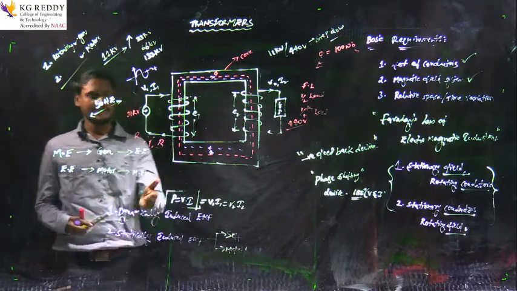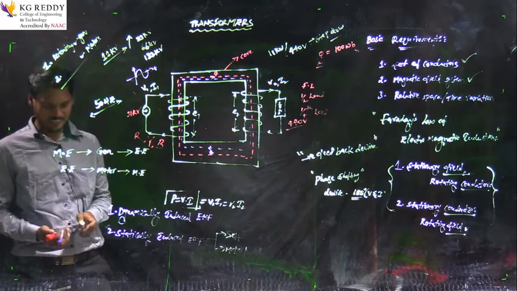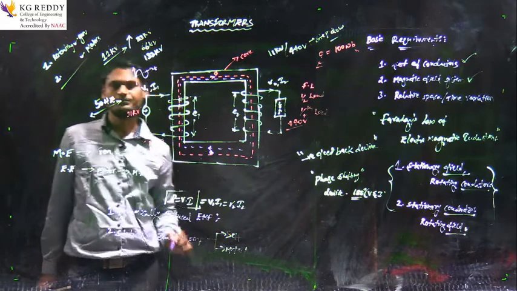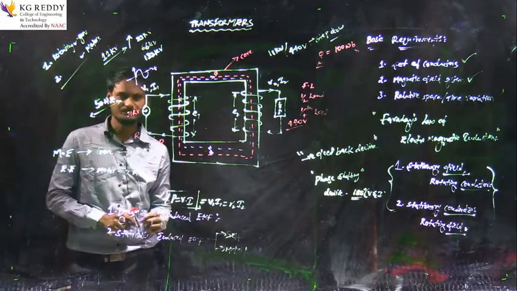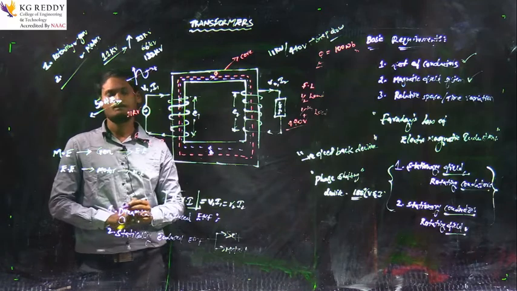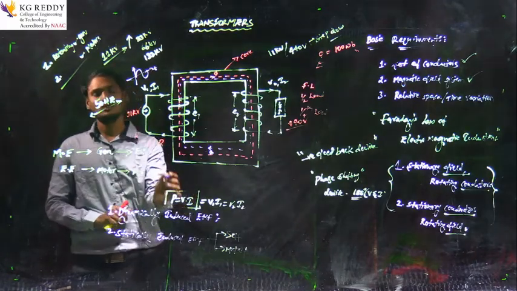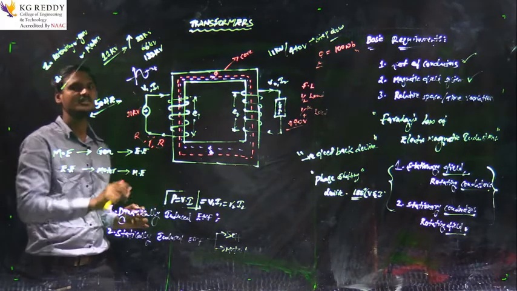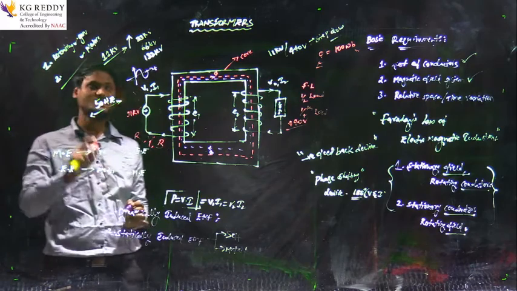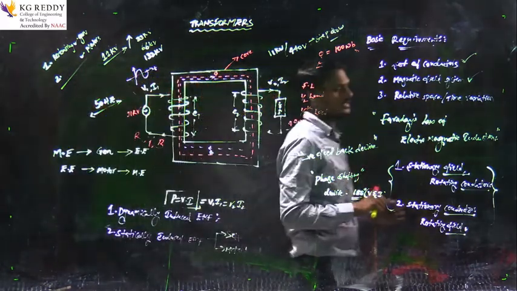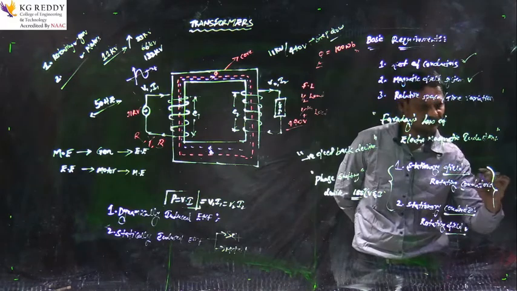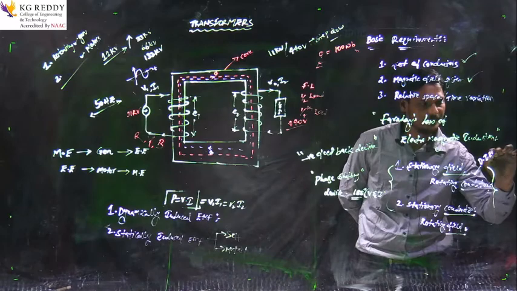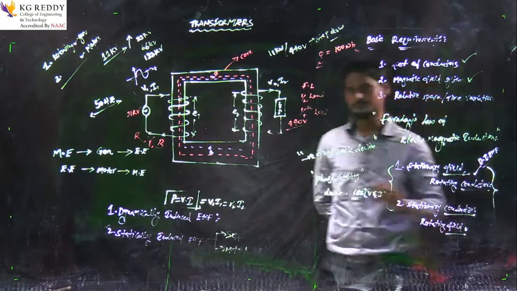So the dynamically induced EMF can be explained in a simple manner: the EMF induced in the conductors which are rotating and placed under a stationary magnetic field. When the stationary field is there and the conductors are rotating, the dynamically induced EMF will be developed.